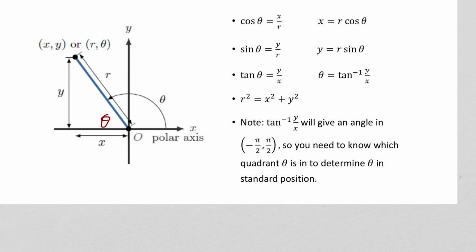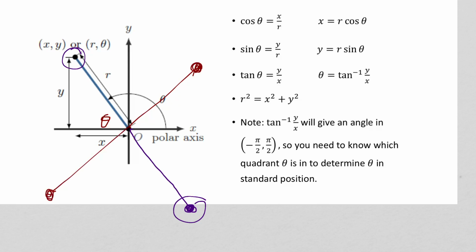All right, so what's going on is, let's take, for instance, this point over here. That point is going to have the same tangent as this point over here in Q4. So those two points are 180 degrees apart. They're going to have the same tangent. And if you look at Q1 and Q3, two points that are 180 degrees apart, one in Q1 and one in Q3, those two points will also have the same tangent.